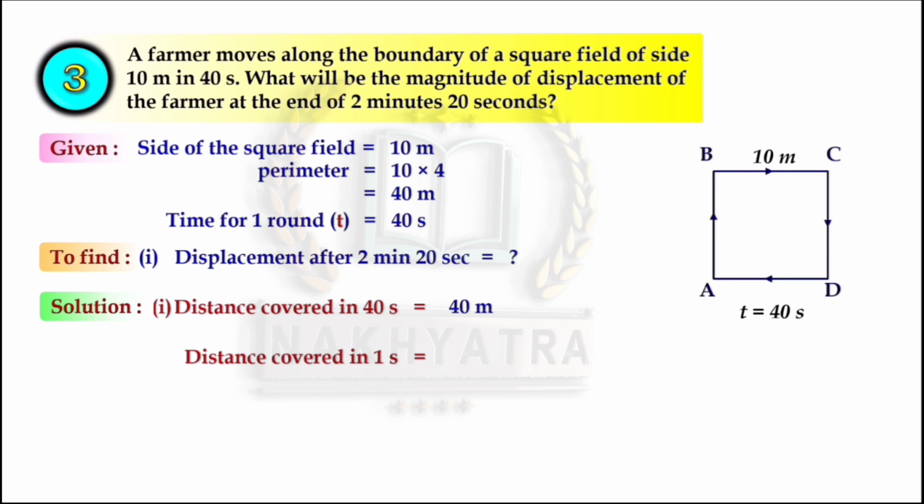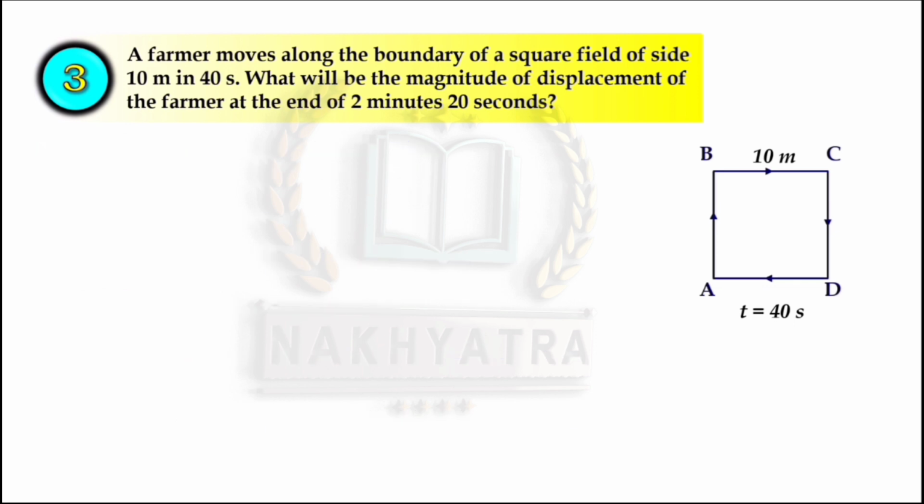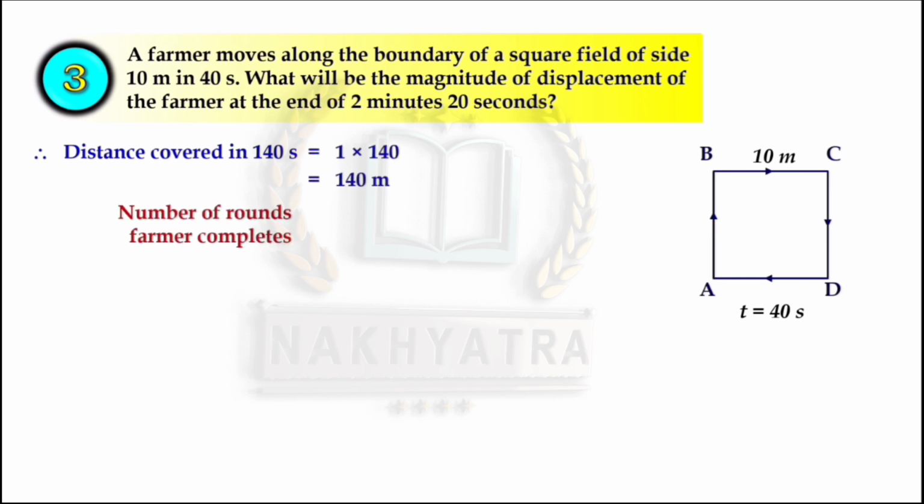Now distance covered in 1 second equal to perimeter of field by 40 equal to 40 by 40, so we will get 1 meter. Now the total time the farmer moves equal to 2 minutes 20 seconds, right? So convert it into seconds and we will get 140 seconds. Then the distance covered in 140 seconds equal to 1 into 140, so it is 140 meter.